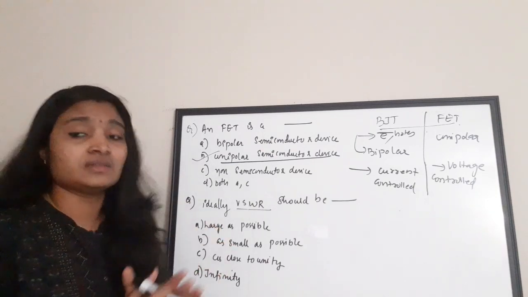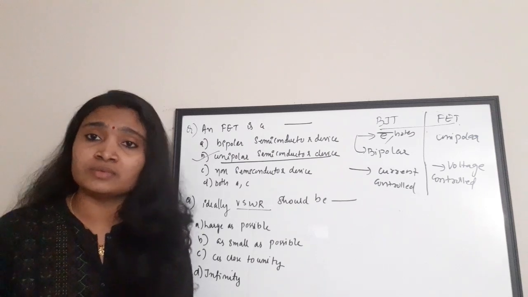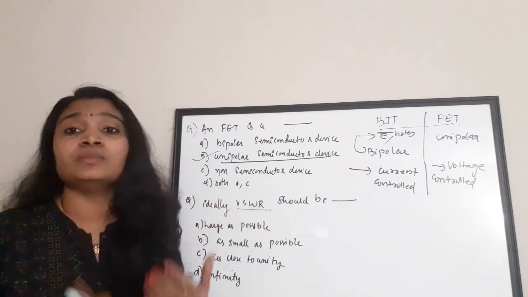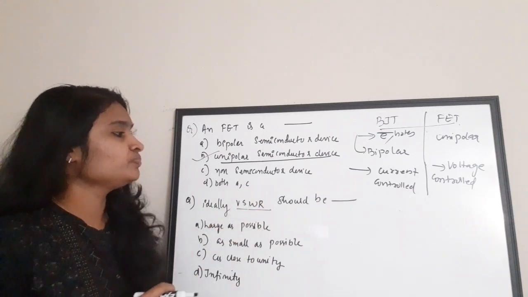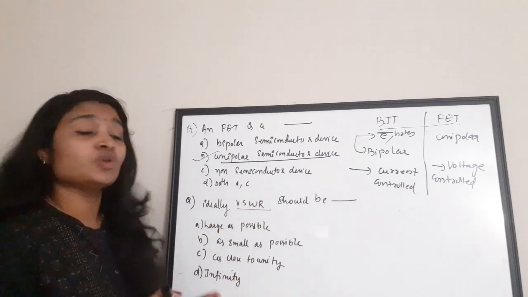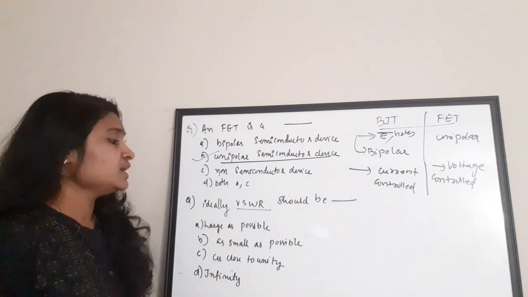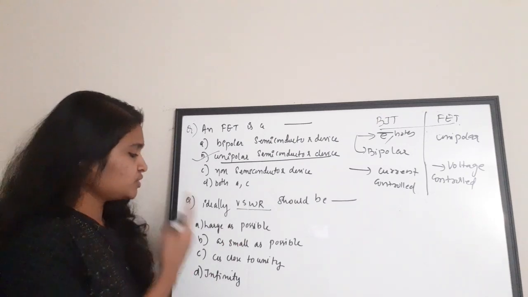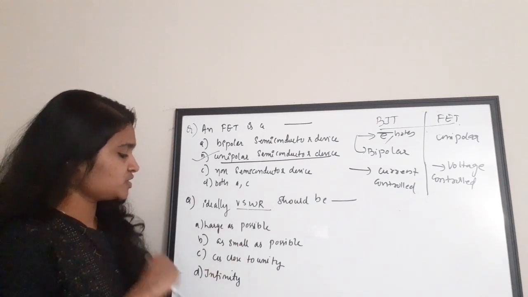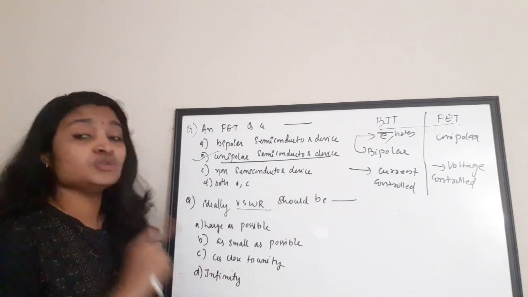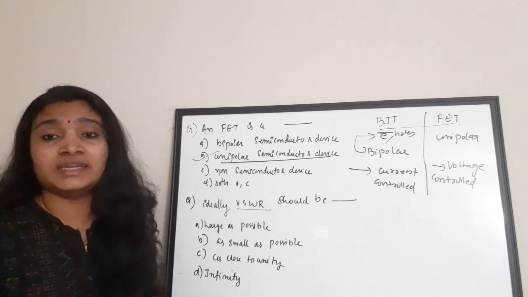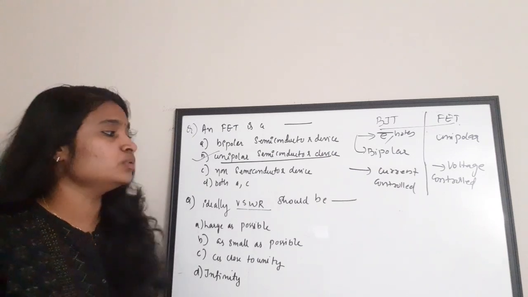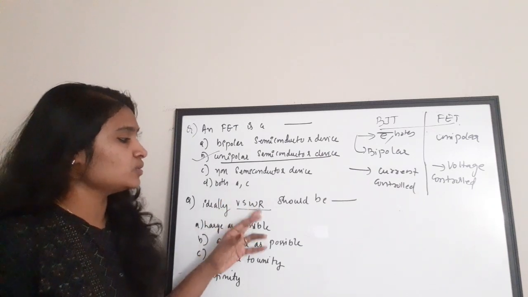If you are not familiar with this, please do watch the video on VSWR. Ideally, what should be the value? Option A, as large as possible. Option B, as small as possible. Option C, as close to unity, that is as close to 1. And D, infinity.